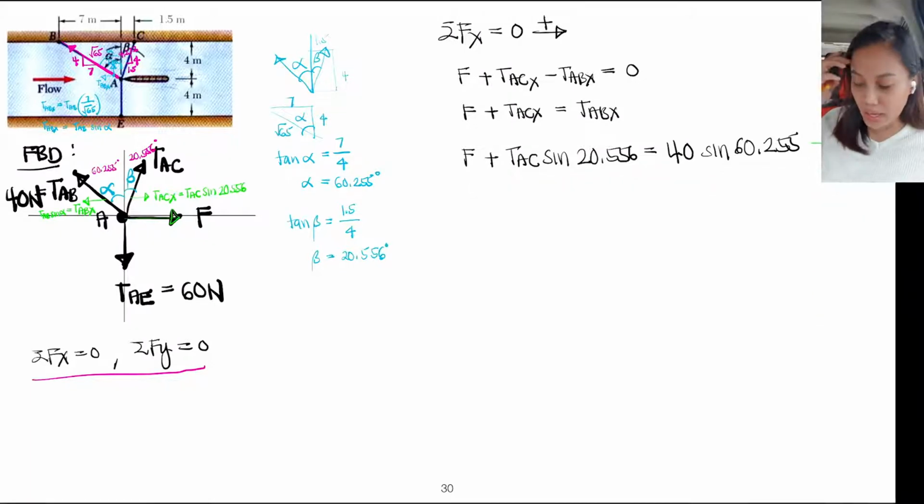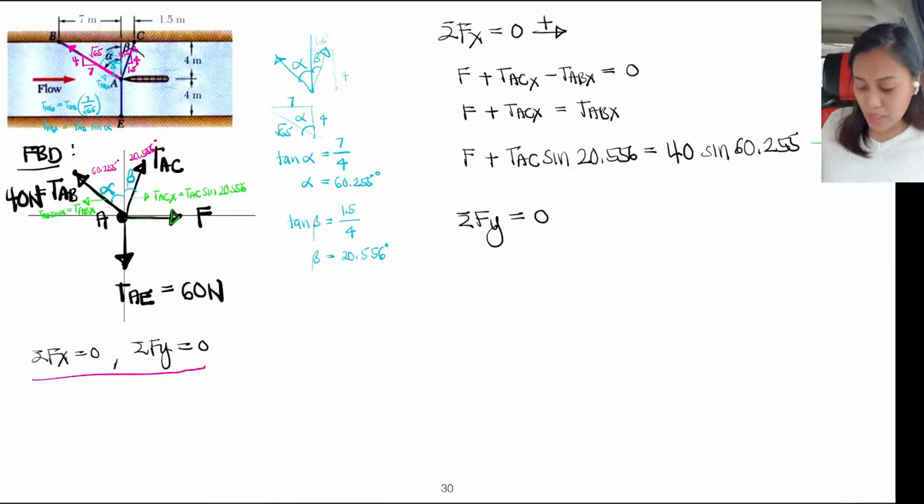Okay, let's use the other equation we can use, which is the summation of forces along y, all forces along y equal to 0.